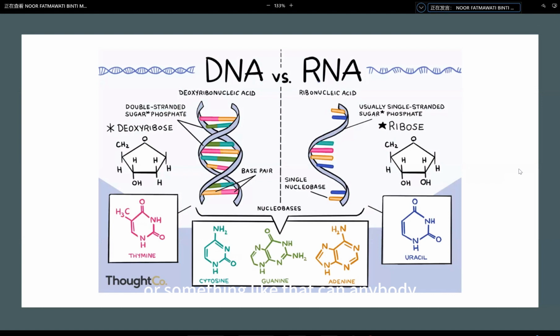Can anybody tell me why RNA is unstable compared to DNA? It easily gets degraded because there are a lot of RNases in the environment.